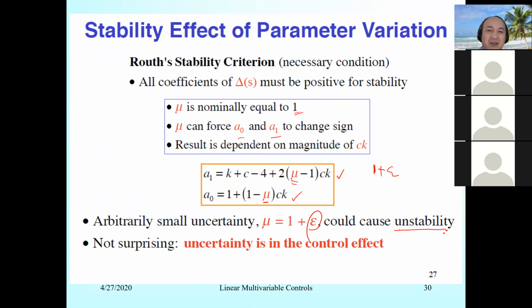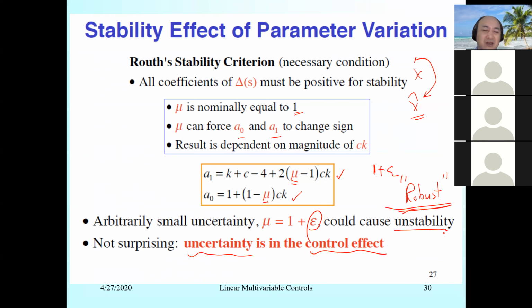So there are uncertainties in the control effect, and it will make things very bad. That conclusion shocked the whole control community. In other words, you don't have X, then you do a measurement, you have to pay a price. That's all hinted about in control. Robustness is a must-discuss issue.